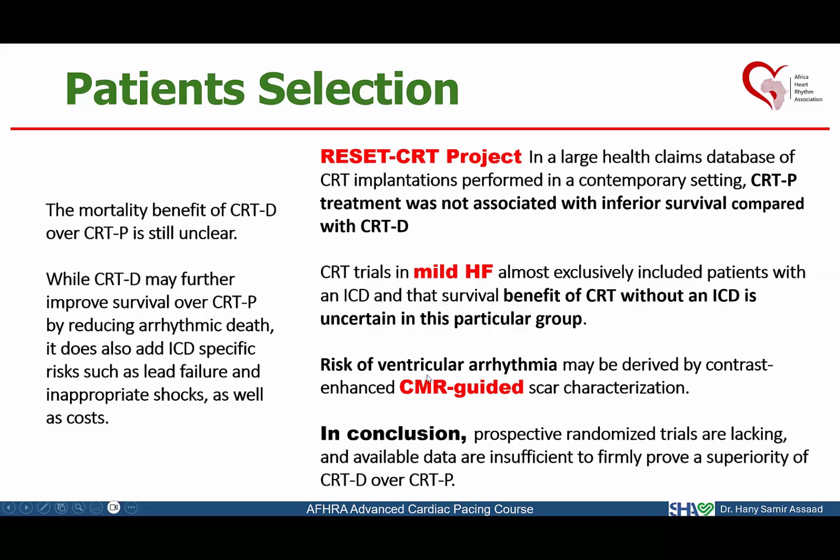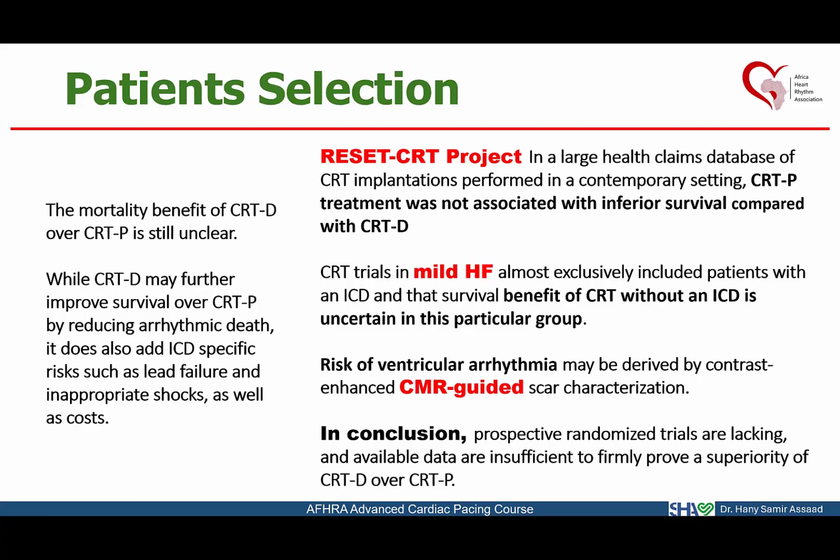Of course, we can guide our decision by re-stratifying our patients for their ventricular arrhythmia burden using CMR-guided scar characterization. In conclusion, prospective randomized trials are lacking and available data are insufficient to firmly prove a superiority of CRT-D over CRT-P.